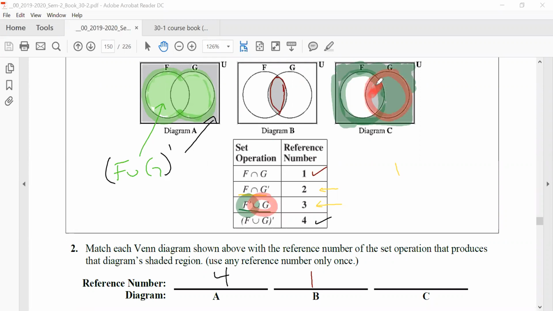And that little section there is going to get drawn over. And so guess what? There is not F union G. So the answer to this one will be 3.